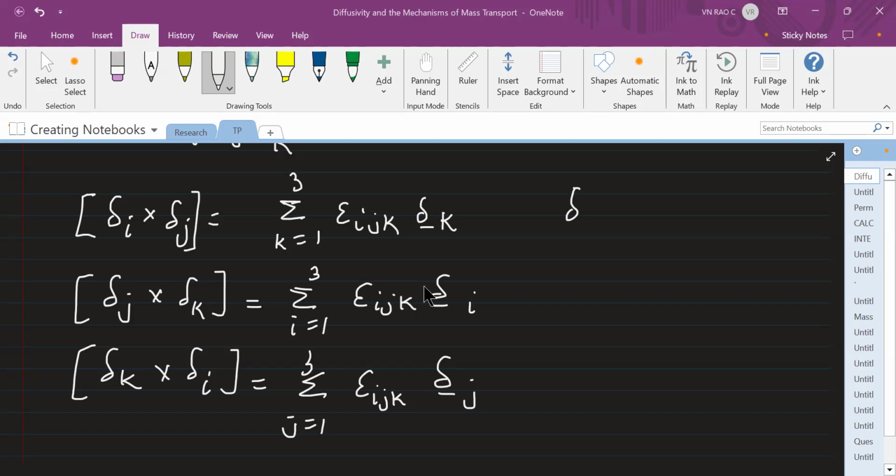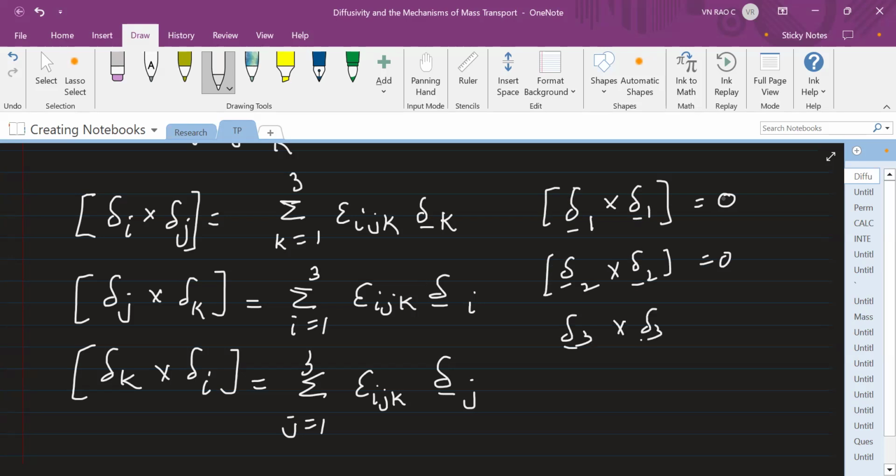I happen to write delta 1 cross delta 1. This is a vector, this is a vector, and the cross product of a vector with itself should be 0. Delta 2 cross delta 2 is 0. Delta 3 cross delta 3 is 0.